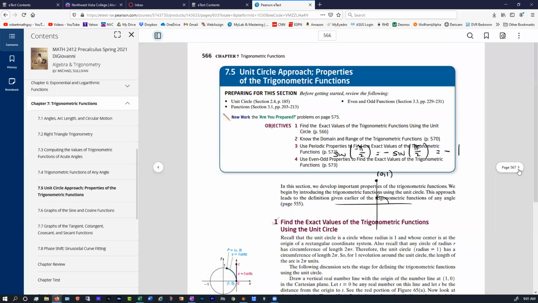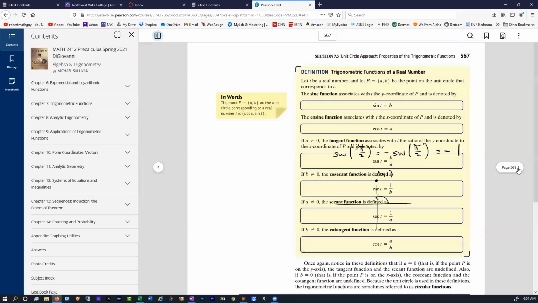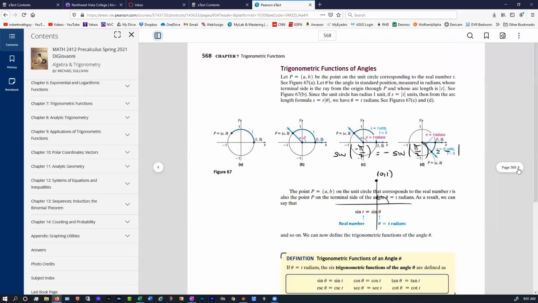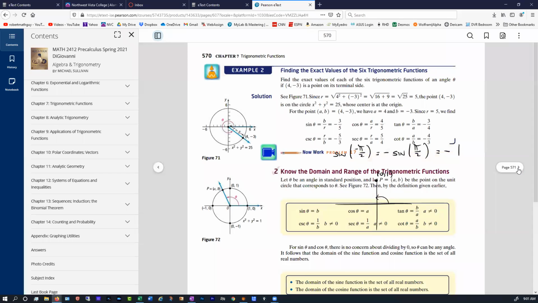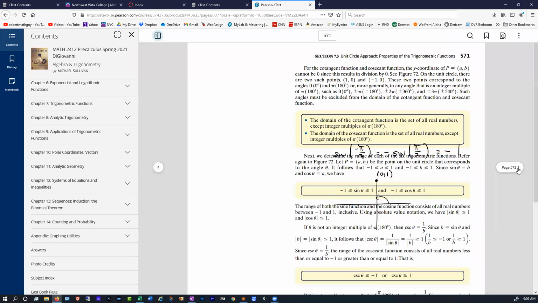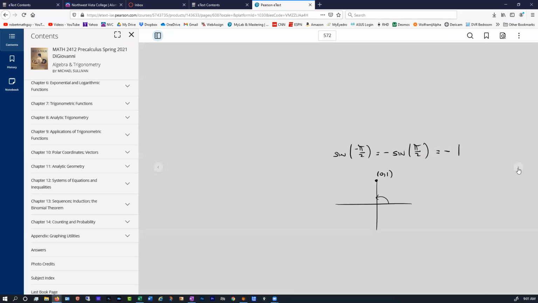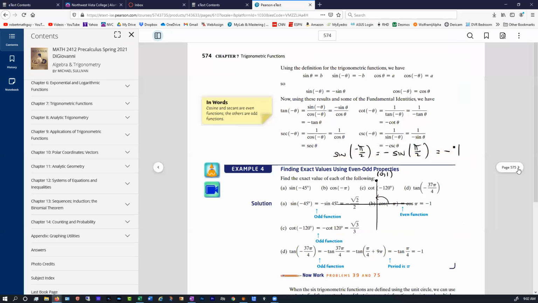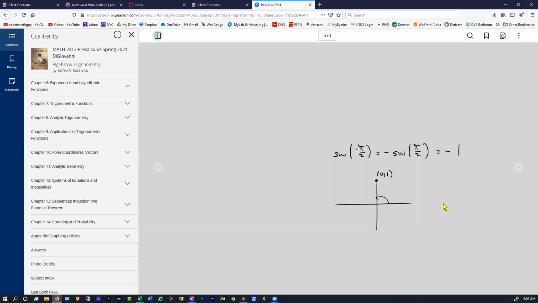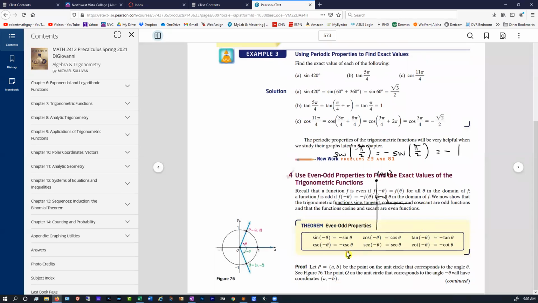All right, let's see if we can't find this. Domain, range. I'm not sure how I missed this. Oh, we just didn't get to it. That was what it was. Periodic, even and odd properties. Okay, so it must have been the previous page. There we go. So here we go. Here are the even and odd properties.